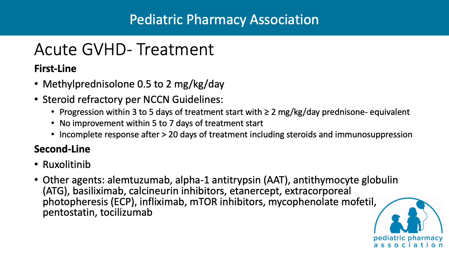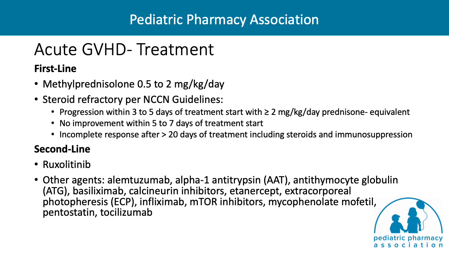If patients are refractory to therapy, there are second-line options, and ruxolitinib is an important agent that's approved for treatment of acute GVHD in adults and children 12 years of age and older who have failed corticosteroid therapy.